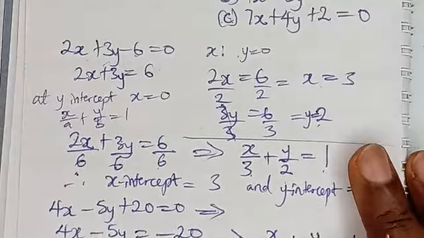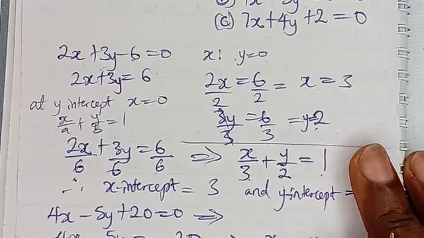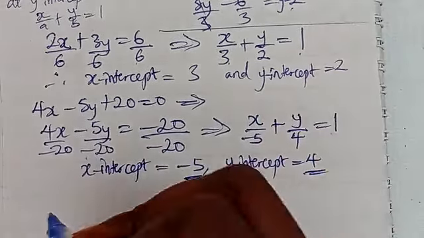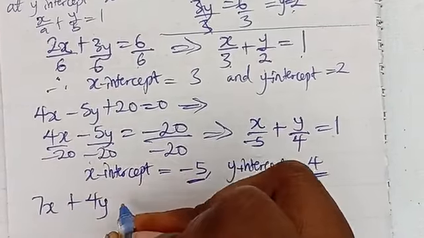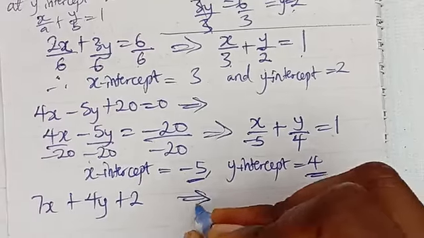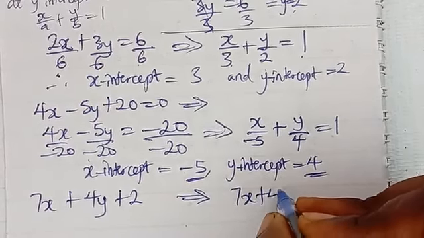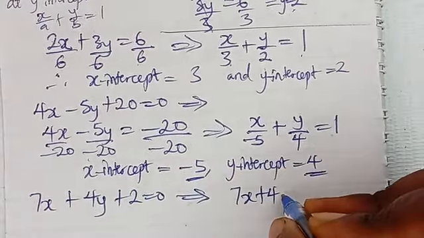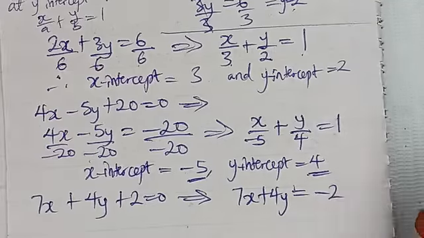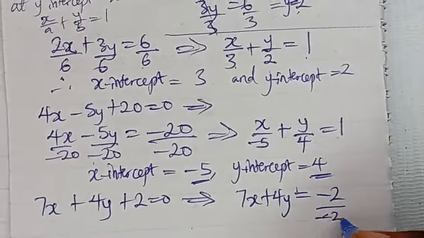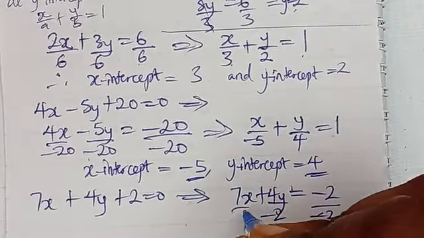Okay, now the last one, 7x plus 4y plus 2. This will give us that 7x plus 4y plus, instead of plus 2, it goes over to be negative 2. So we divide everything by this constant, negative 2.